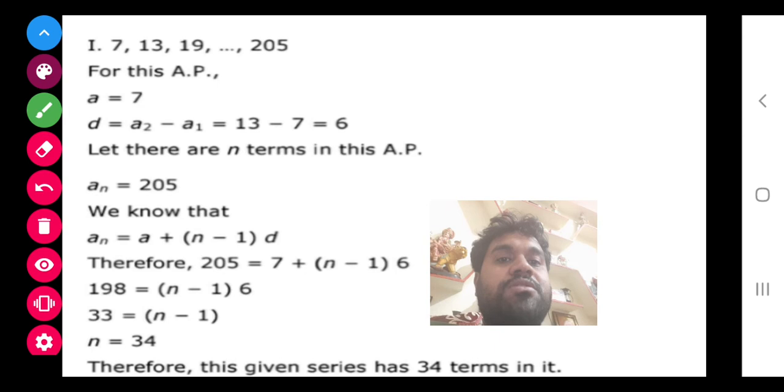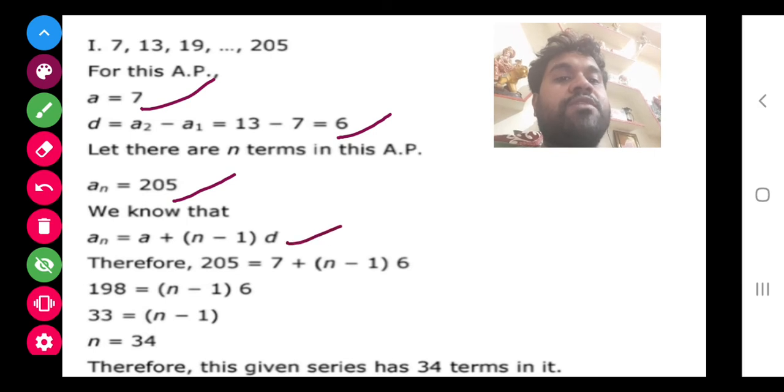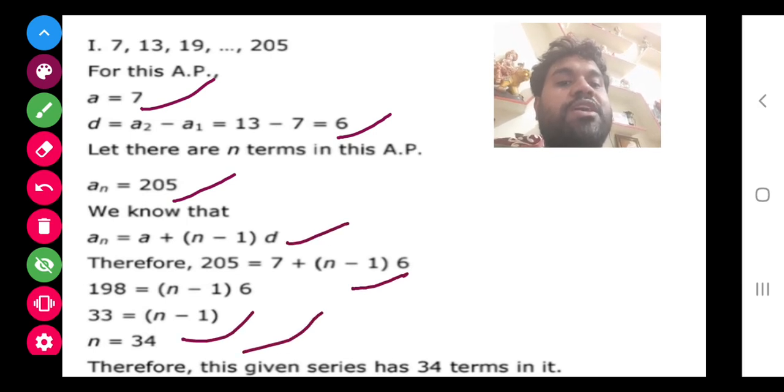See the solution. a is 7, d is 13 minus 7, that is 6, an is 205. Now substituting the values, you will get the value of n as 34.